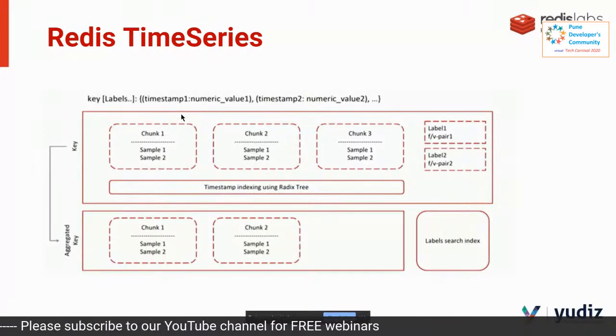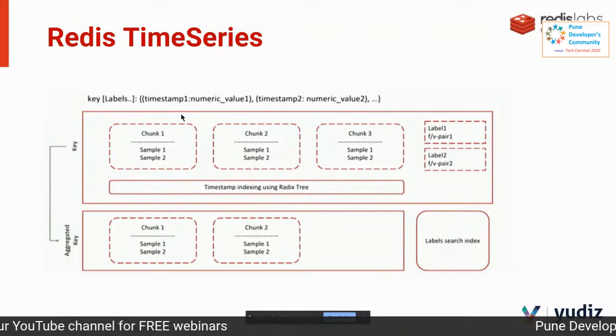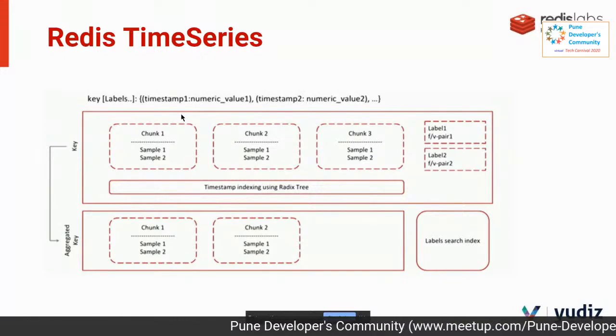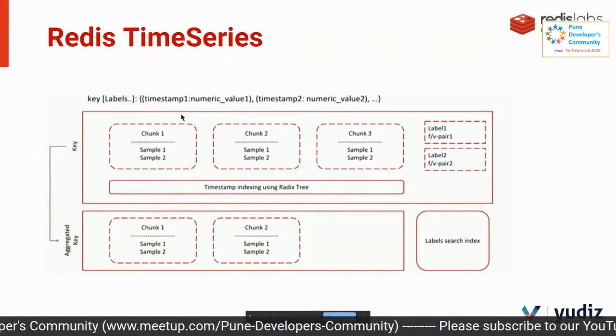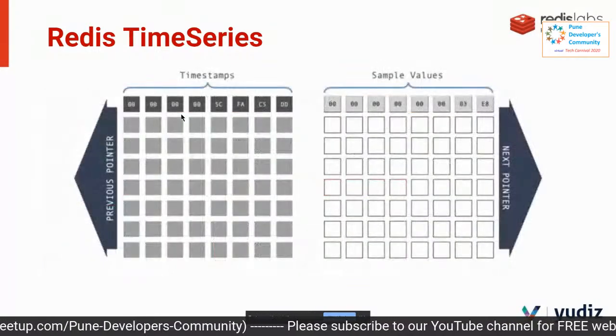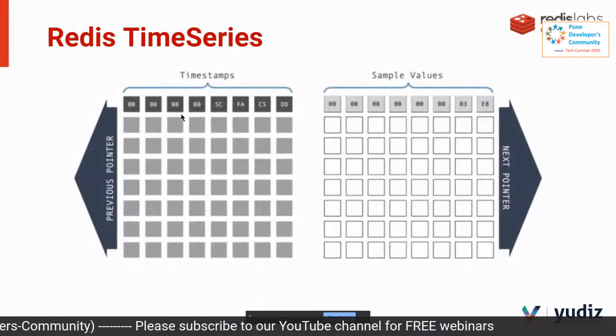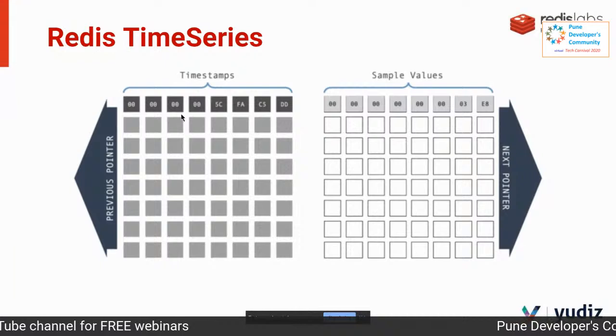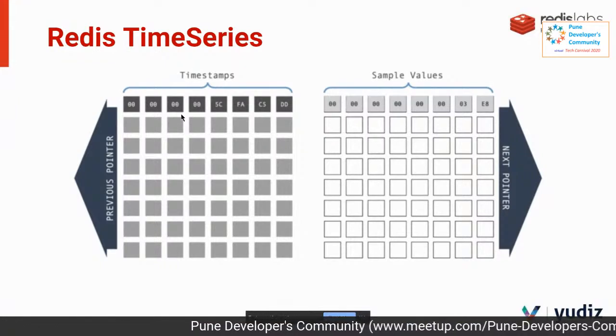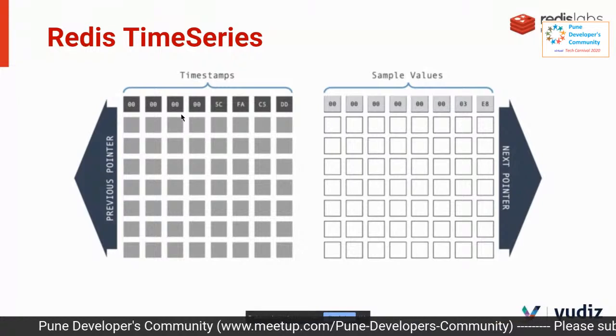In Redis time series, the data is stored in chunks, and there's a timestamp-based index, so you can use that for range queries. Here's how a chunk is represented. A chunk has two parts. One part is used for timestamps, and one part is used to store the sample values.